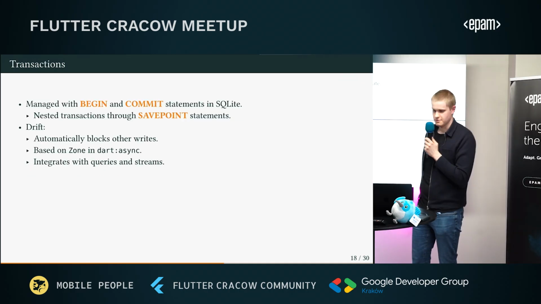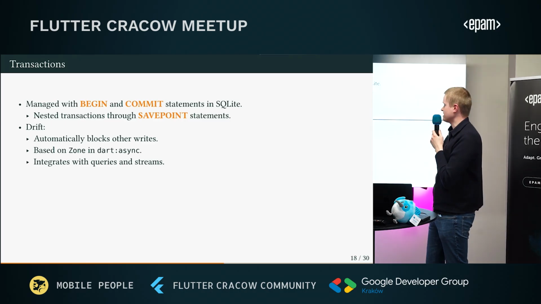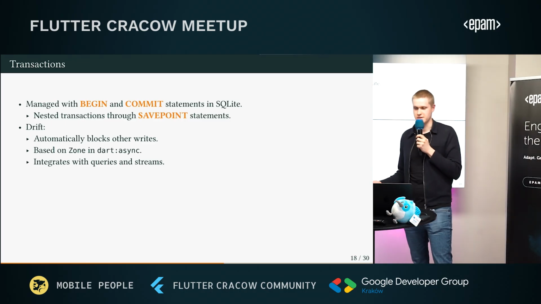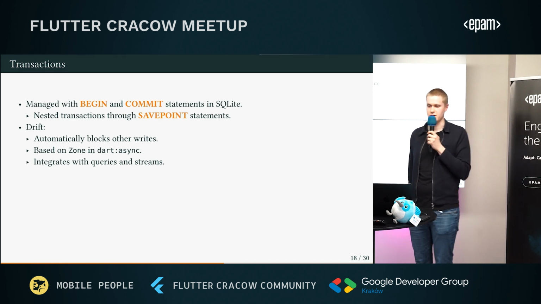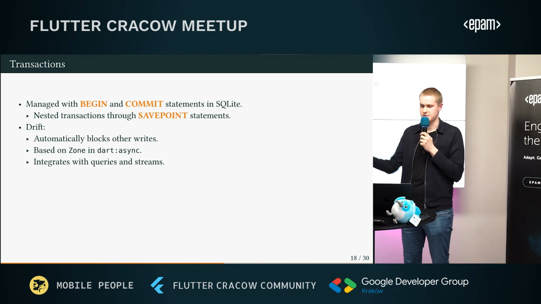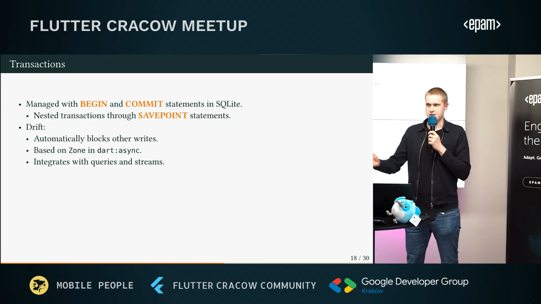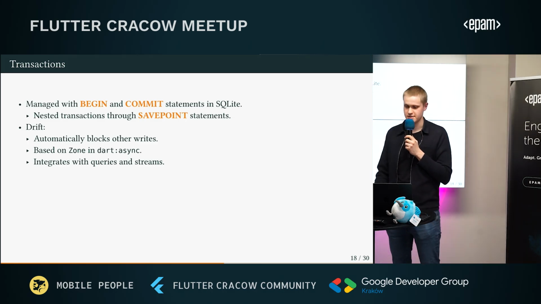So finally, actually not finally, but another cool thing about Drift is that it makes it very easy to use transactions. In SQL, you can use begin and commit statements to manage transactions, and we have some virtual support for nested transactions using savepoint statements. But it's tricky to keep track of all these statements and to keep track of which connection is currently operating in a transaction context and which isn't.